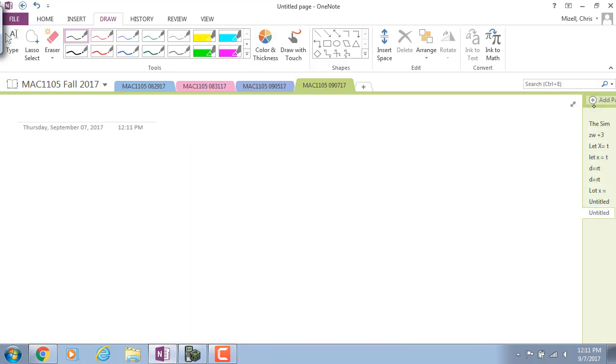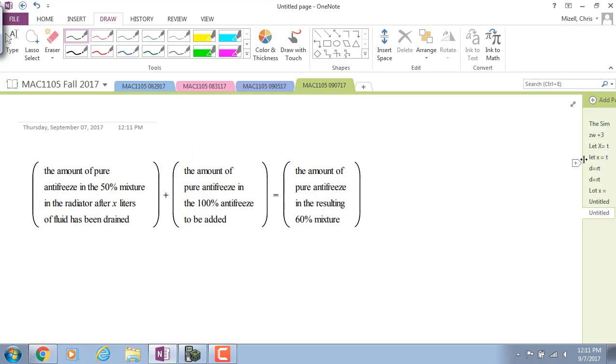So maybe we can at least get the equation set up. The amount of pure antifreeze in the 50% mixture that's currently in the radiator after we drain off the X liters would be 50% of 8 minus X. That's how much fluid is in there. X liters are gone, so it's 8 minus X left. 50% of that is pure antifreeze.